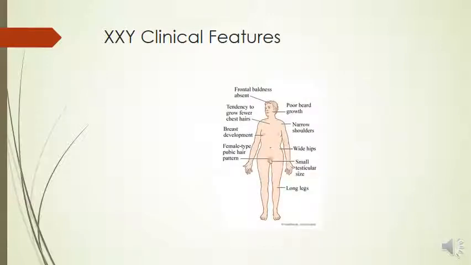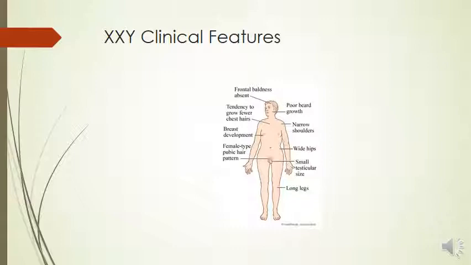If we look at the clinical features of a Klinefelter's XXY individual, we would see that they have poor beard growth, narrow shoulders, wide hips, small testicular size, long legs, female type pubic hair pattern, breast development, tendency to grow fewer chest hairs, and frontal baldness is absent.